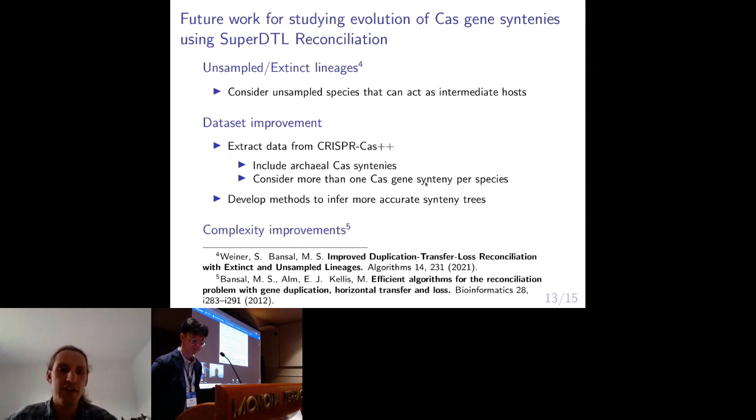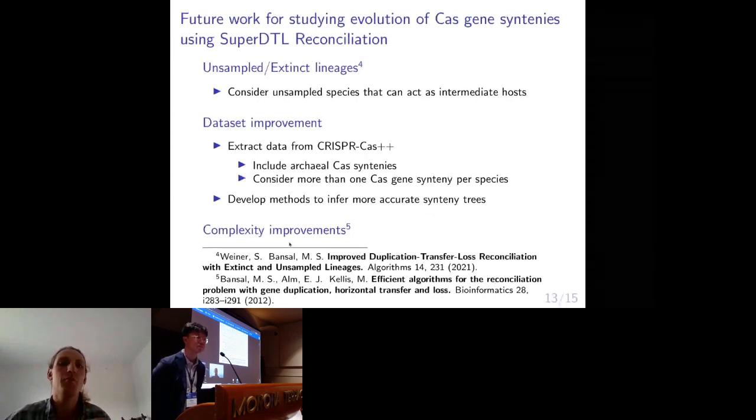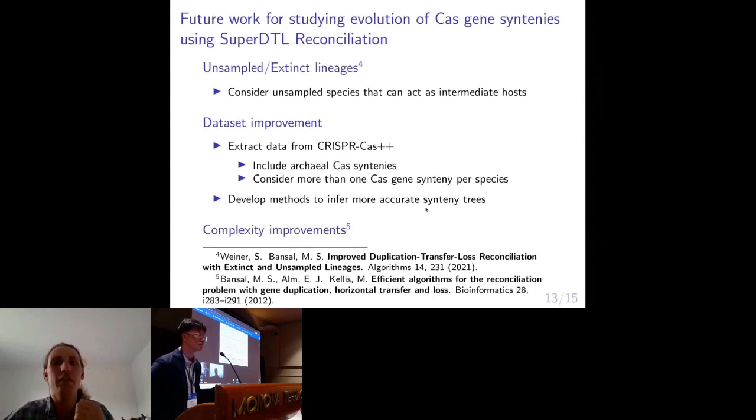And also, we have the need to develop methods to infer more accurate synteny trees. For now, we take an input synteny tree, but there is a very important need to have accurate methods to infer synteny trees to infer correct evolutionary history. Also, we have some complexity improvements to do on our work.